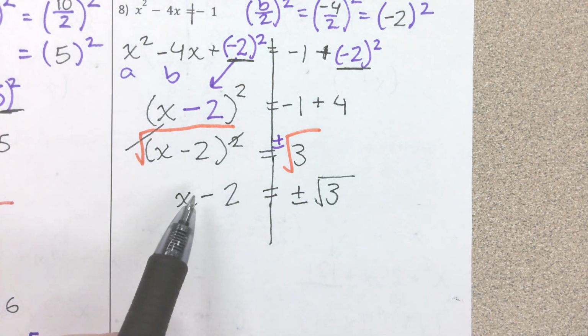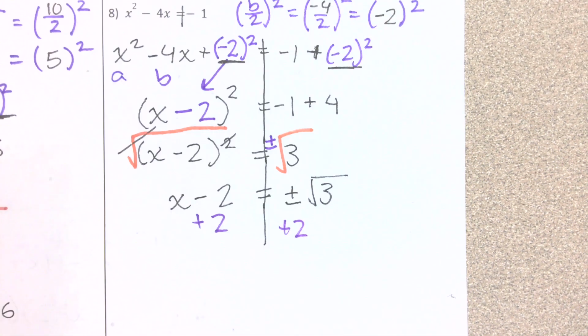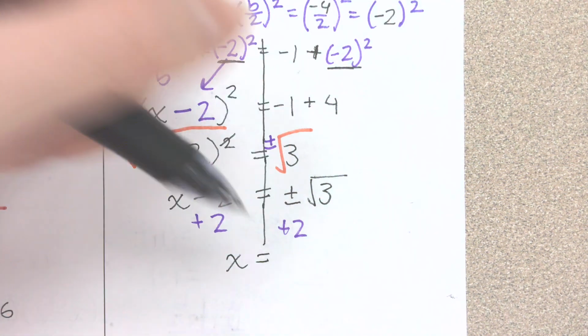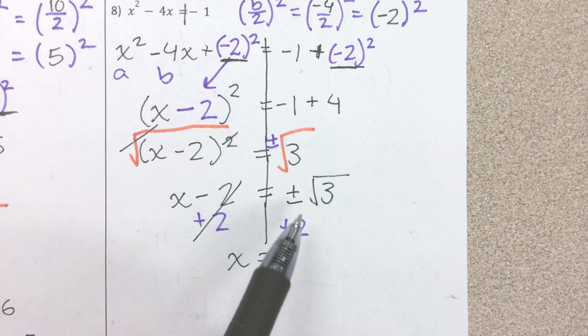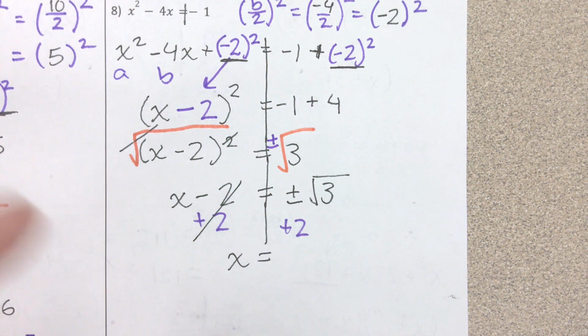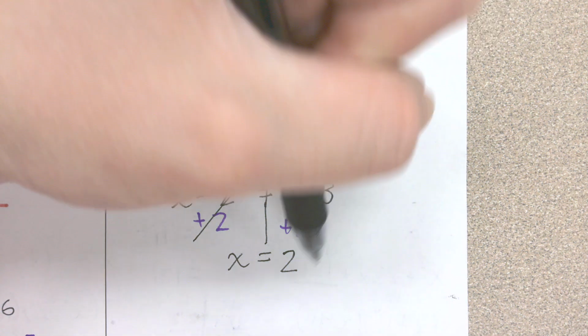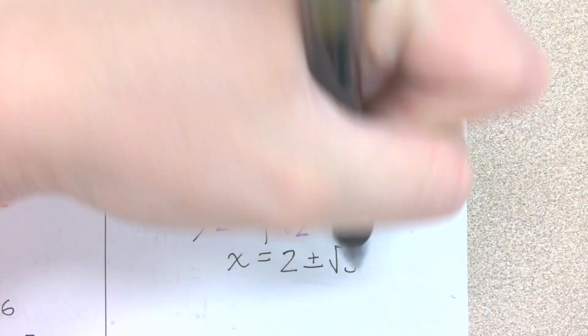Lastly, we just need to get the x by itself. That's a minus 2. I will plus 2 on both sides. So we have x equals, and reminder, we put this bottom number, 2, first, and then we do the plus or minus whatever after it. So 2 plus or minus the square root of 3.